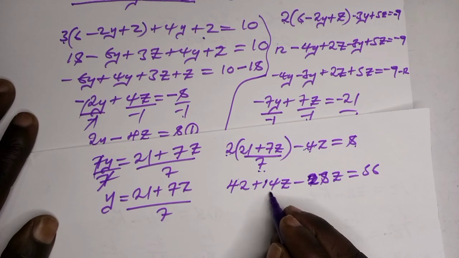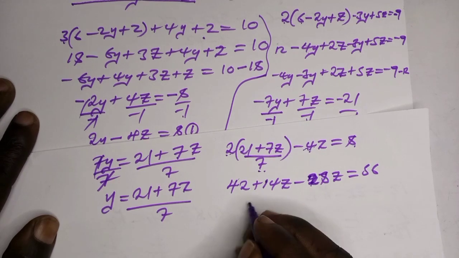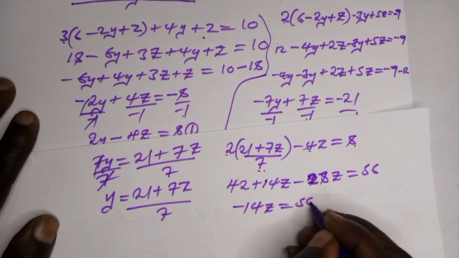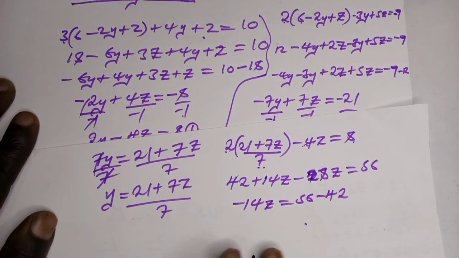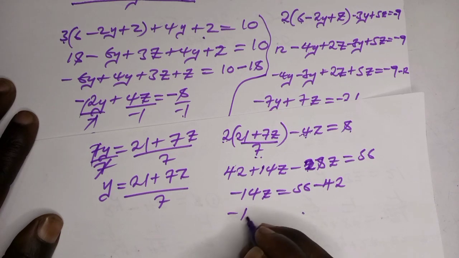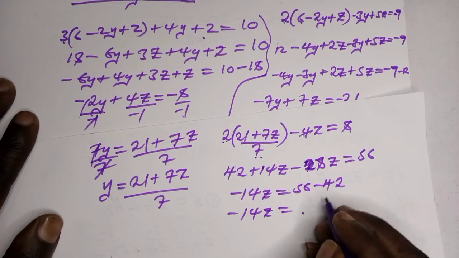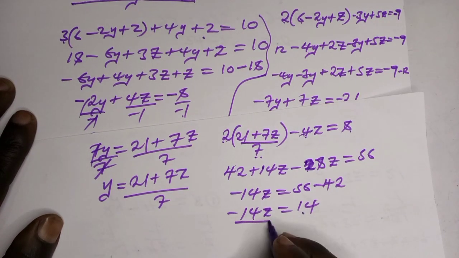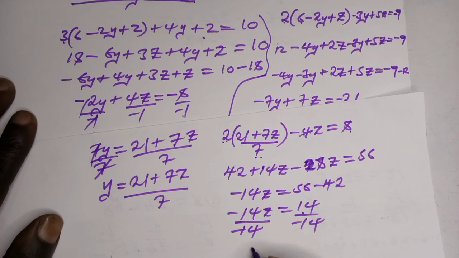Here we have 14z minus 28z, which is minus 14z, equals 56 minus 42, which is 14. Then we divide by minus 14. So z is minus 1.